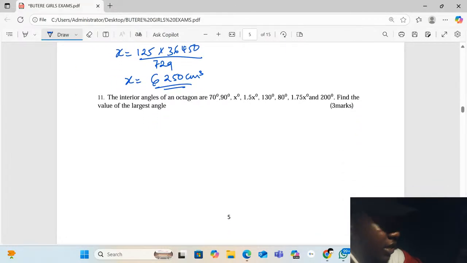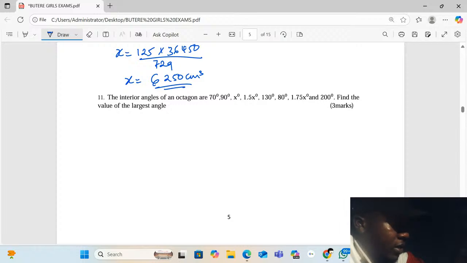Then the next number 10. The interior angles of an octagon are 70, 90, x, 1.5x, 130, 80, 1.75x, and 200. Find the value of the largest angle. So it is an octagon, with 8 sides.